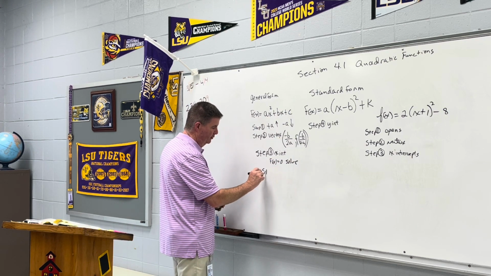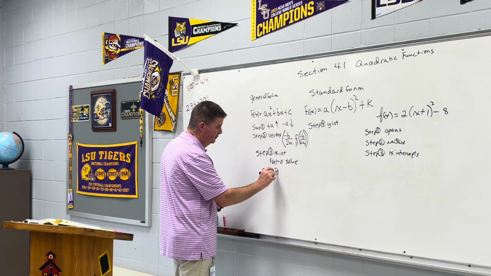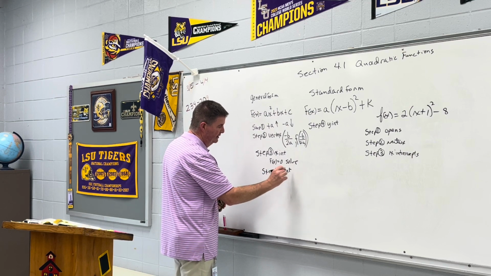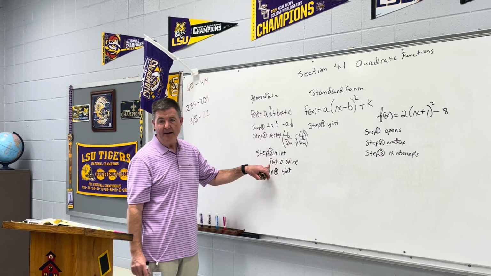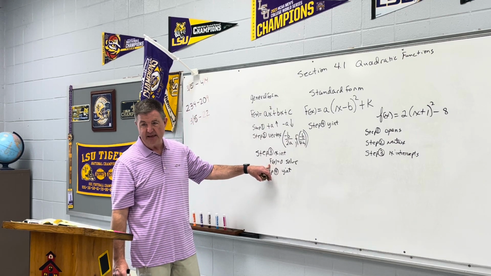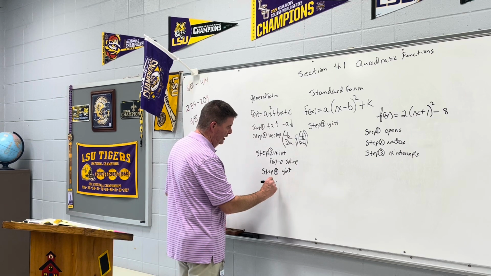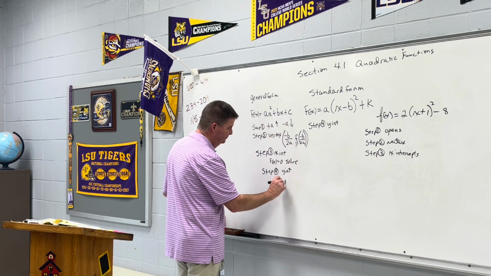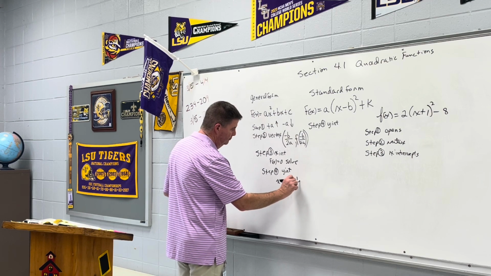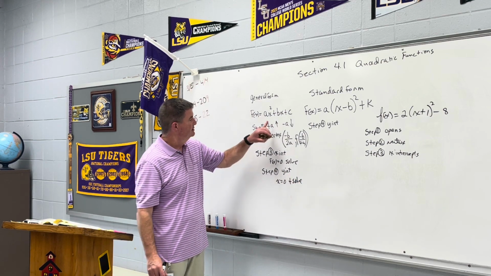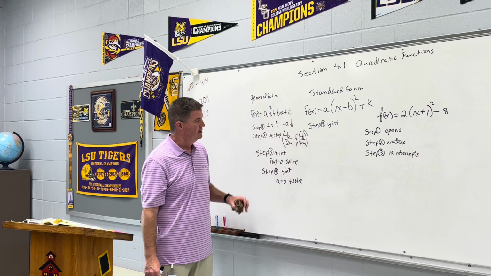And again, just like the other one, they may or may not be x-intercepts, okay? And then for step 4, we find the y-intercept. We set x equal to 0 and solve. So we literally plug 0 in for our x's and we solve.